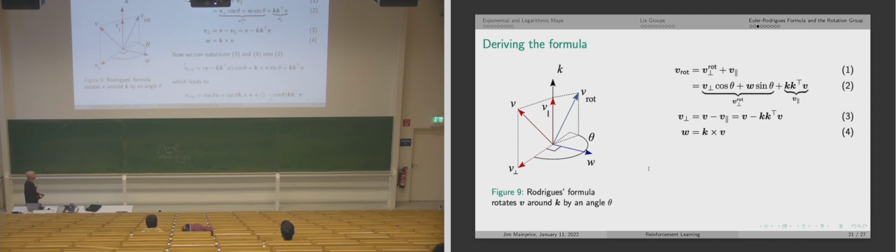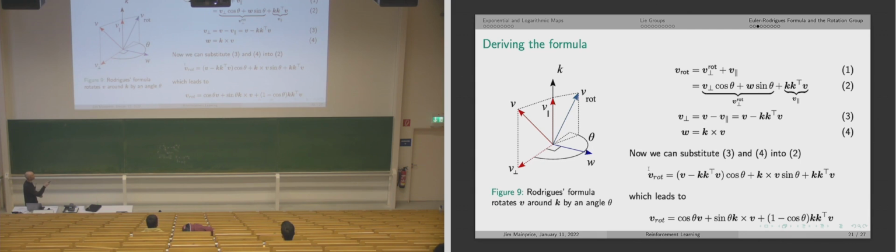All right. Now I can substitute 3 and 4 into 2. So I use these 2 equations that I posed, and I then substitute them in there. So what happens is that I have the V, this guy is this guy, so it ended up here.